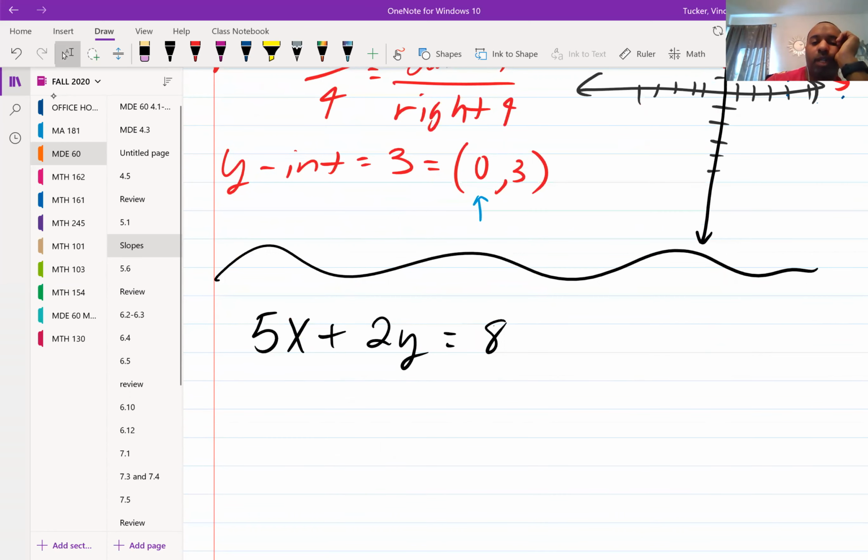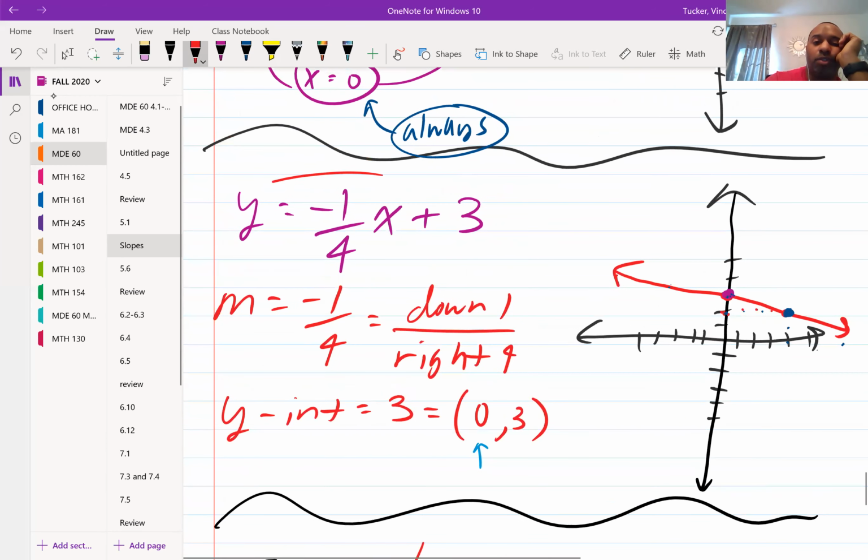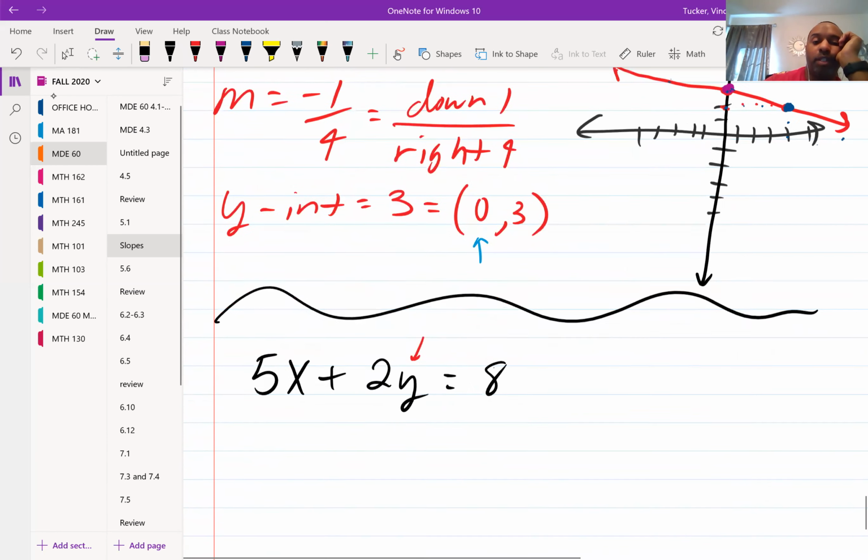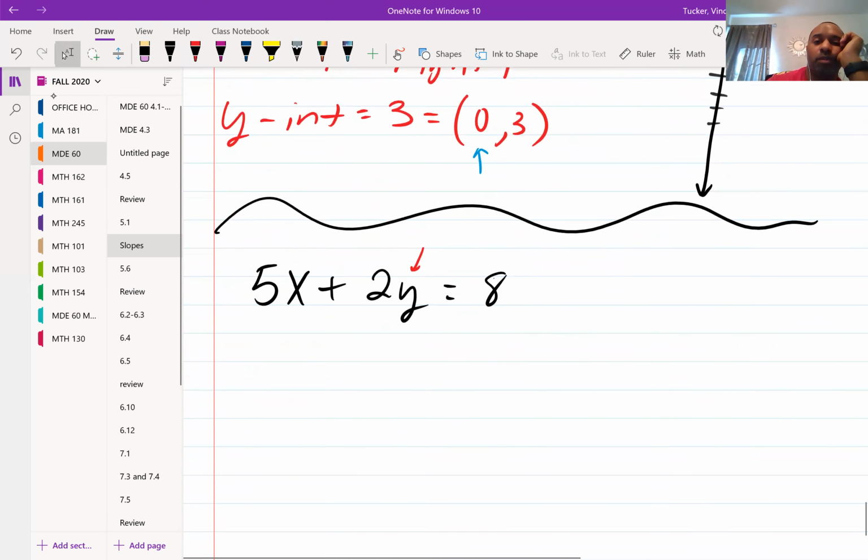I don't know if you guys will get one like this, but it's worth exploring. So remember, we need y to be by itself in order for us to be able to pick out our slope and our y-intercept. So we need to solve this equation for y.